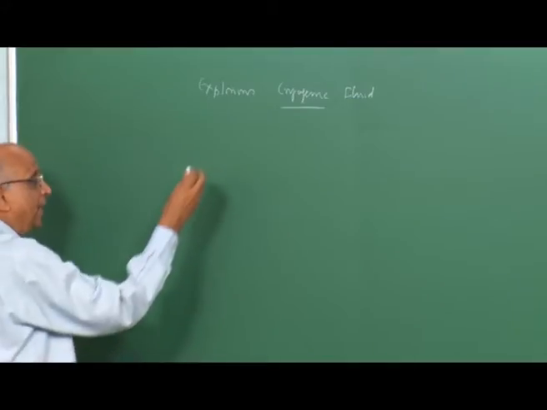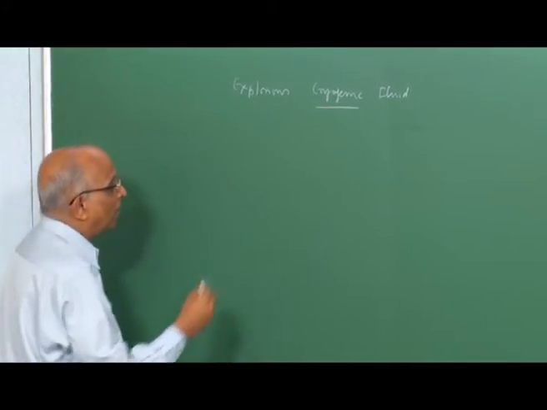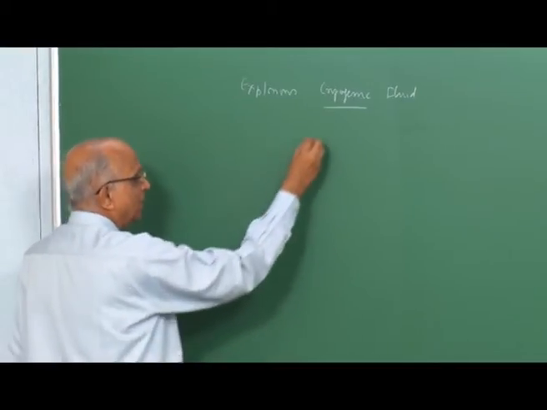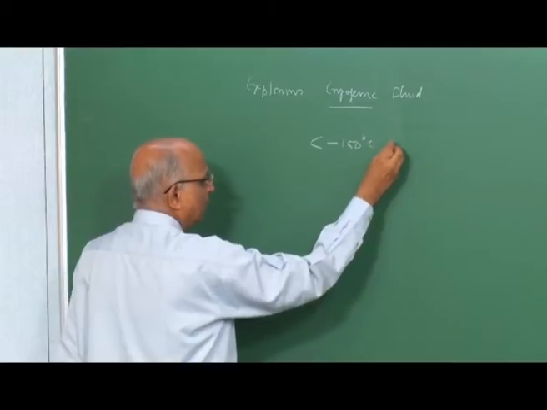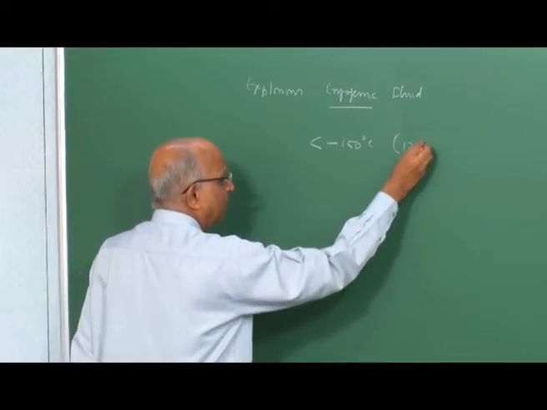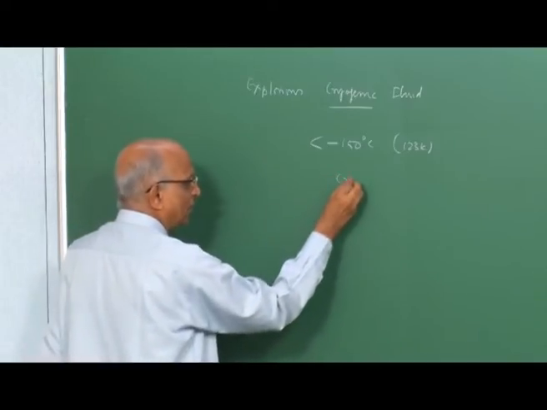Any liquid which has its boiling temperature under normal atmospheric conditions less than minus 150 degrees centigrade, that is equal to 123 Kelvin, is called a cryogenic liquid, or it is also known as a cryogen.